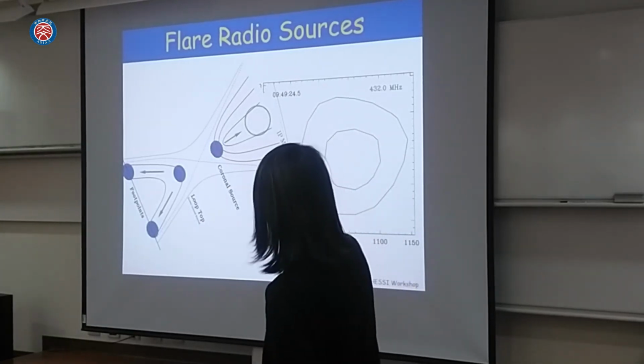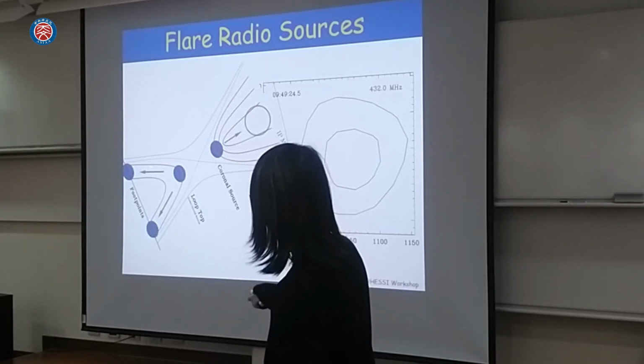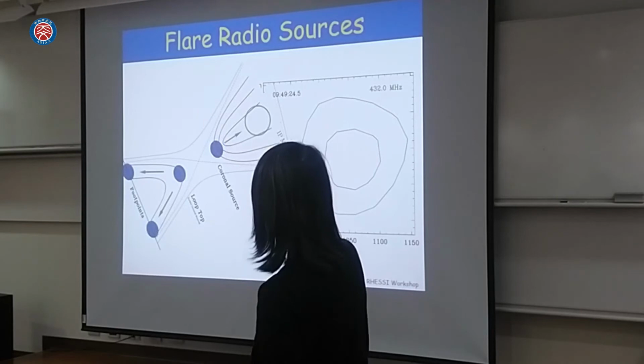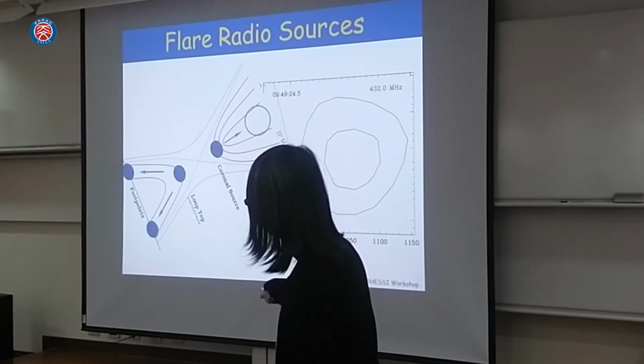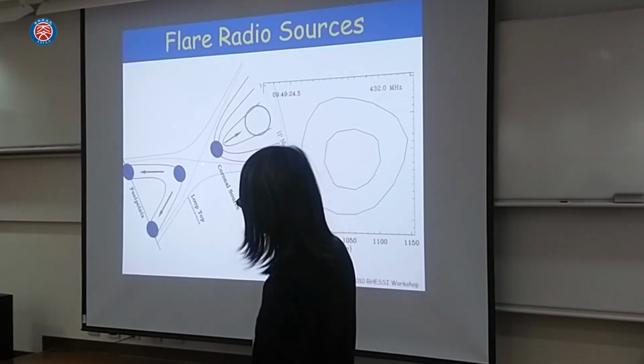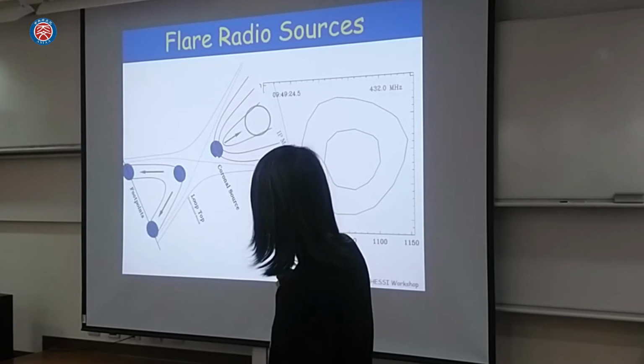You see, there is a rooftop HXR source, and there is a soft X-ray thermal loop. And there is the other kind of HXR source here, which is for the downward electron beam. Then for the upward electron beam, you can see the corona source here.